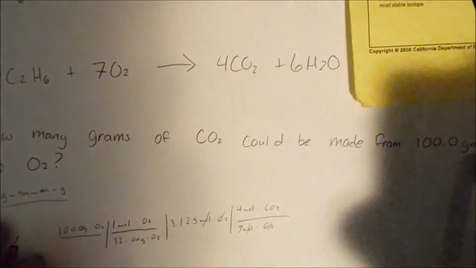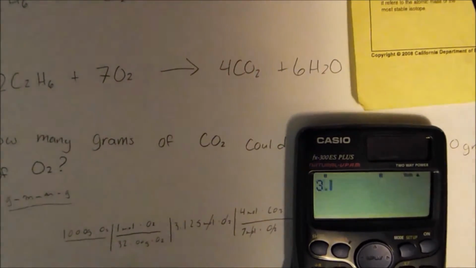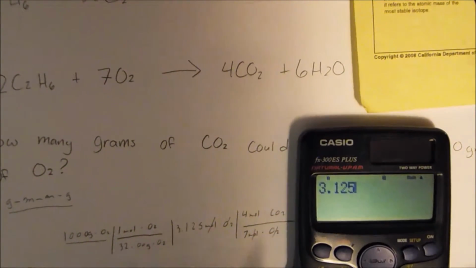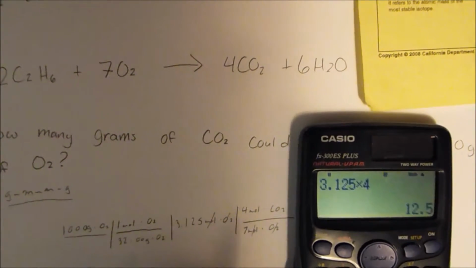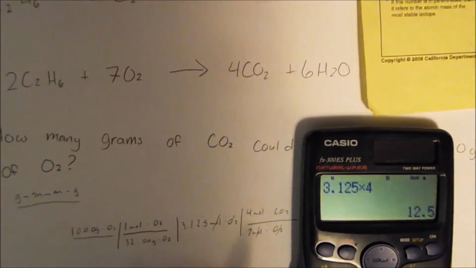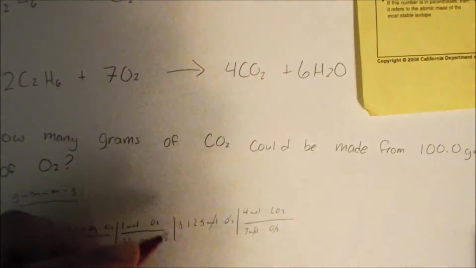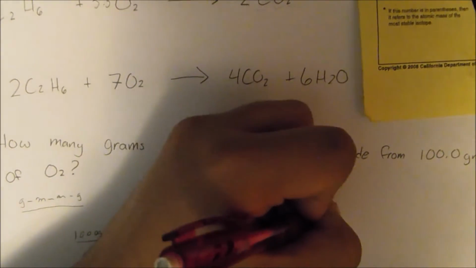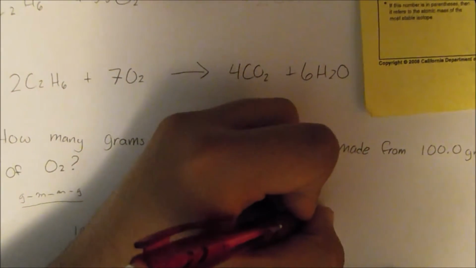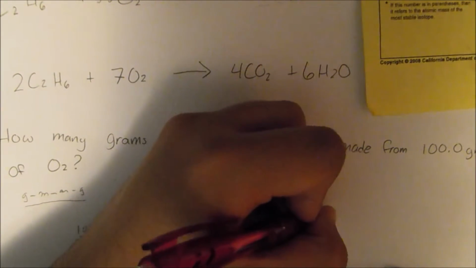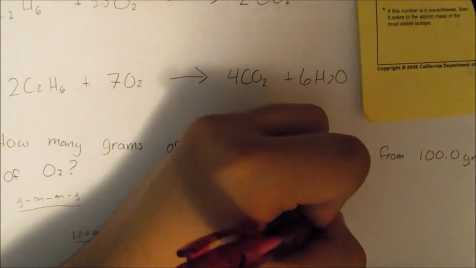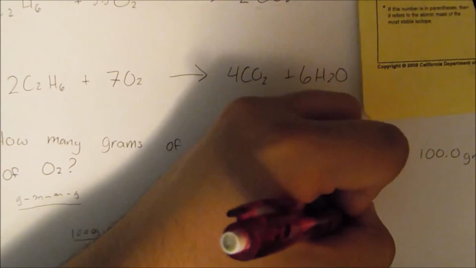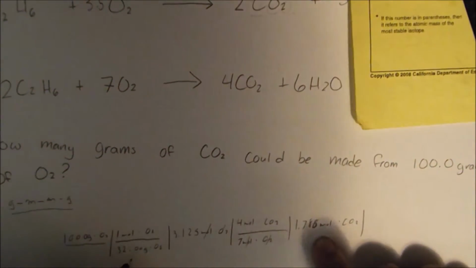So we take 3.125 times 4 and divide it by 7, which gives us 1.786 moles of CO2, rounded.